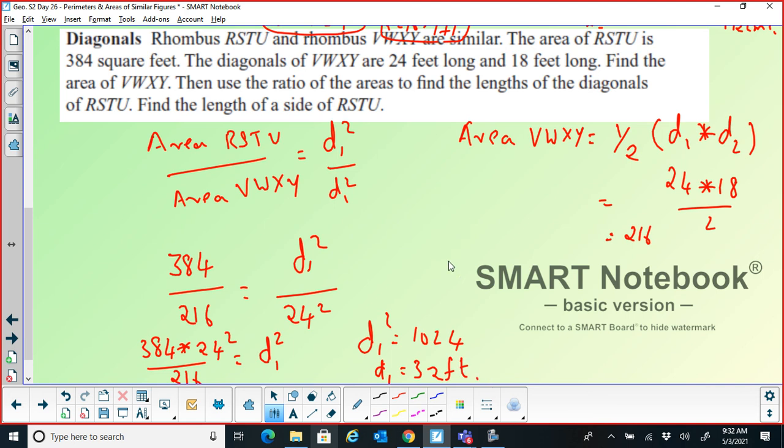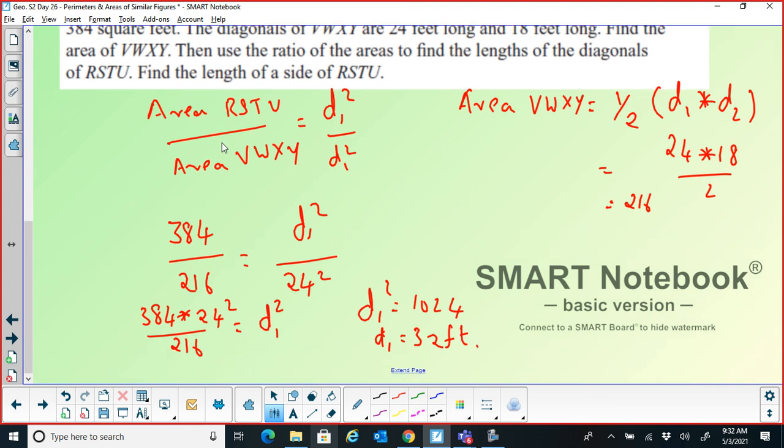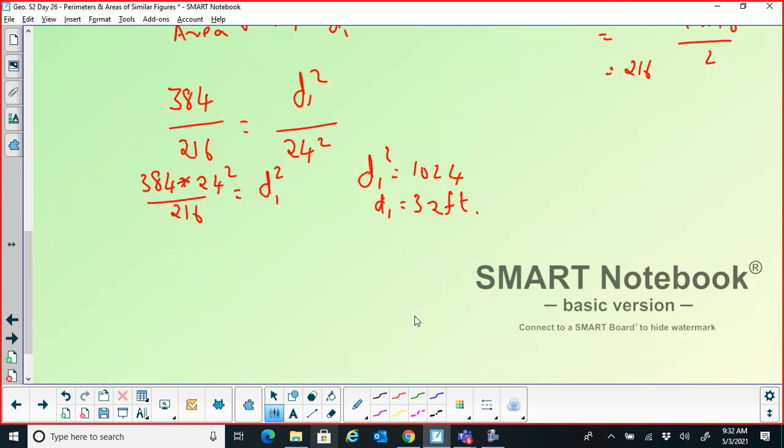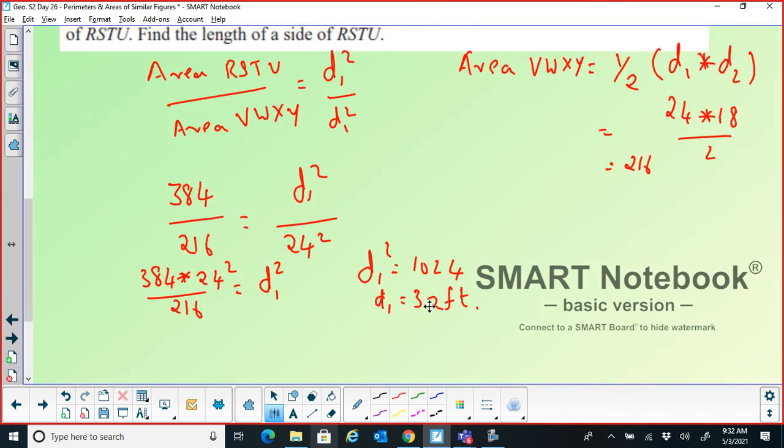I can find the other diagonal using the same formula, or I can use the area. So we know the area. This time let me use the area. The area of rhombus RSTU equals half of diagonal 1 times diagonal 2.